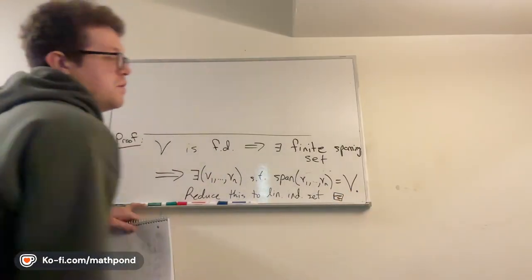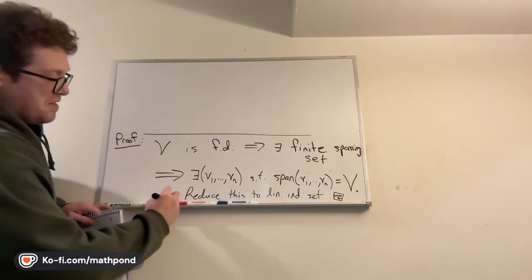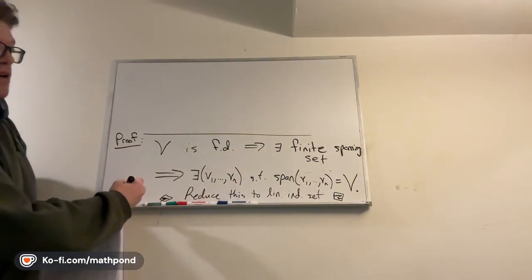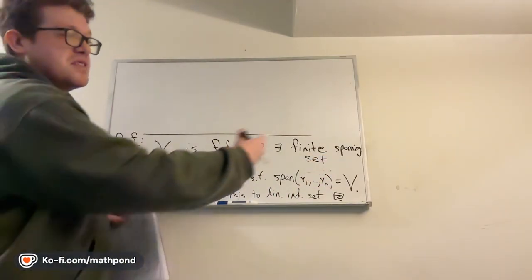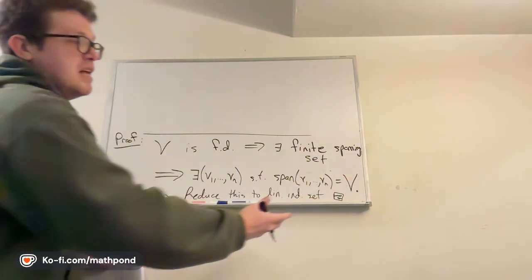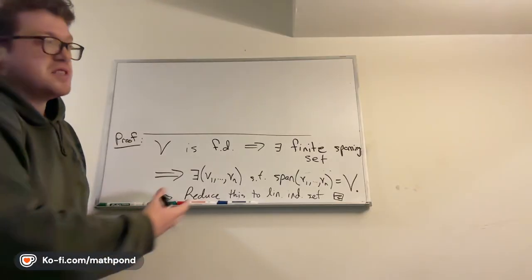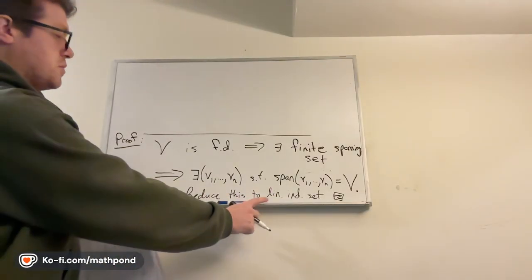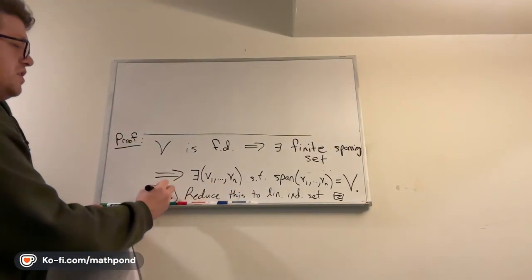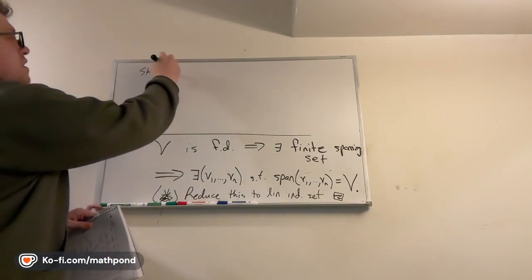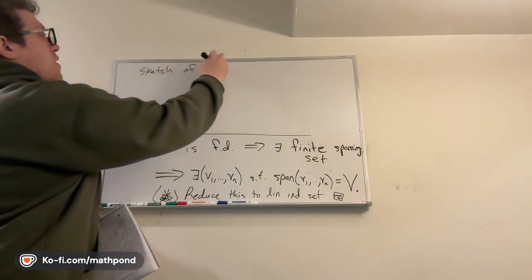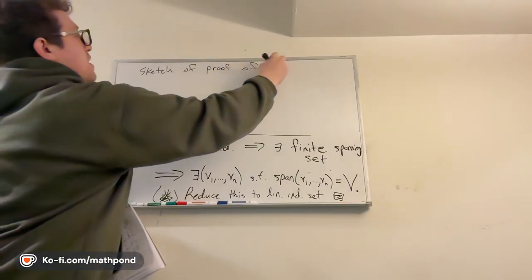We're going to cite a theorem here: okay, this is a spanning set, we can reduce it to a linearly independent set that spans the same set, which is V. So now we have a linearly independent set that spans the set. And now we just want to sketch, I'll write a star here, what is the sketch of proof of star?